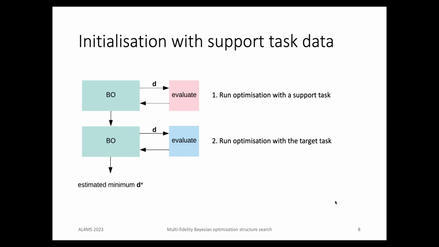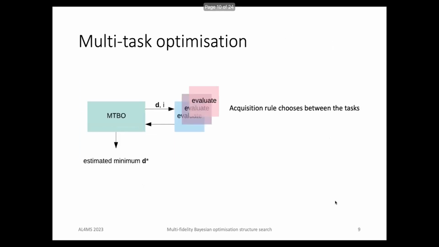But otherwise, it's like standard Bayesian optimization, and we only use one task at a time here. But we also looked into, or wanted to test multitask optimization, where the optimization uses a multitask model and also a multitask acquisition rule. So the optimization can choose both which input parameters to use and which task to use in its evaluation.